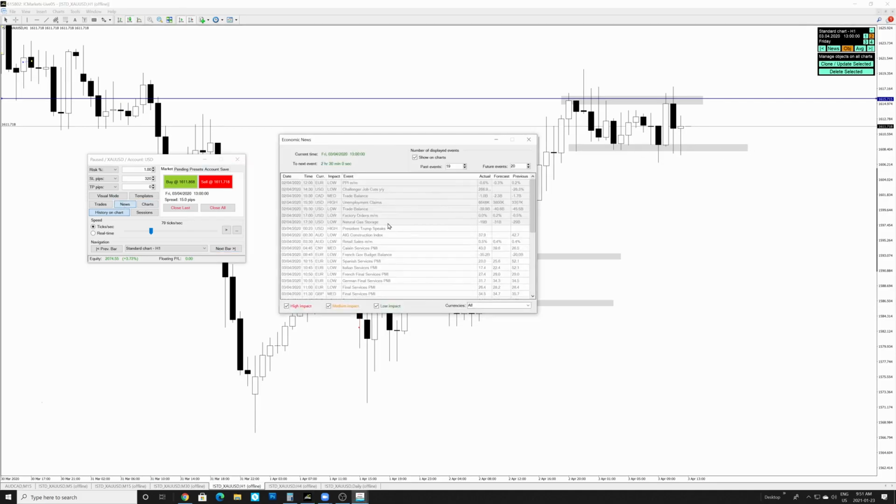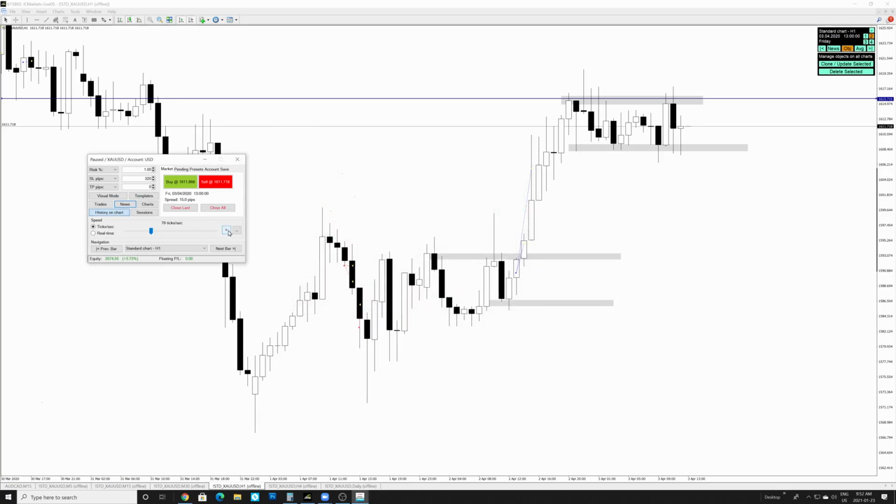Now looking at news, I think we have NFP coming up. We have NFP. All right, perfect. So there's a possibility we can trade NFP here today. Beautiful. Let's play this and let's see what happens. So we're ranging at this point.